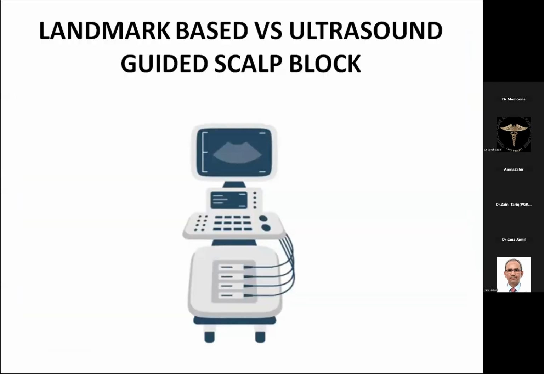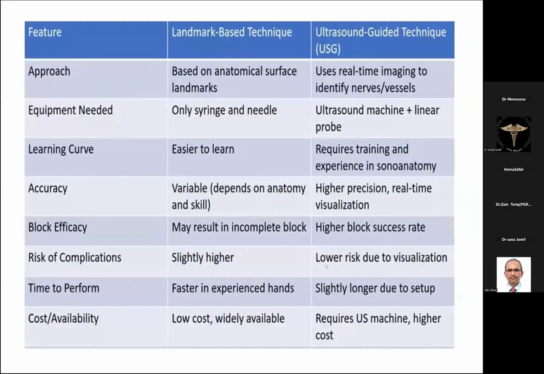We have seen a lot of trend towards using ultrasound for nerve blocks or regional anesthesia, and scalp block is no exception to that. When comparing the two techniques, the landmark-based technique is based on the anatomical surface landmarks, and you only need a syringe and a needle to perform this block, and hence it is quite easy to learn.